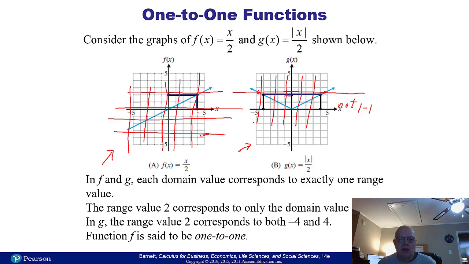So f is one-to-one. It passes both tests. g is not, because it passes the vertical line test, meaning it's a function, but not the horizontal line test, so it's not a one-to-one function. If you think of functions as being fantastic equations, well, one-to-one functions are even better because they have inverses.